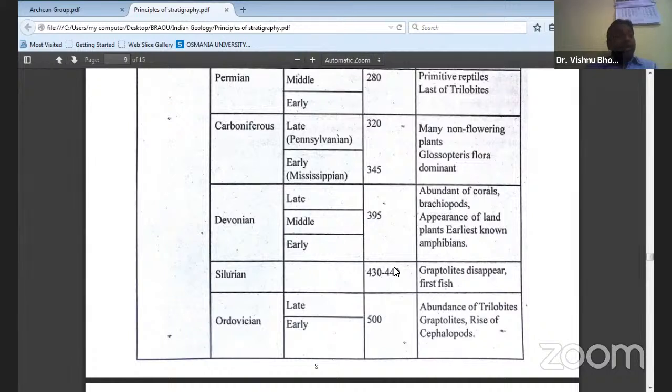Glossopteris flora dominated. It was dominated in the early Mississippian.